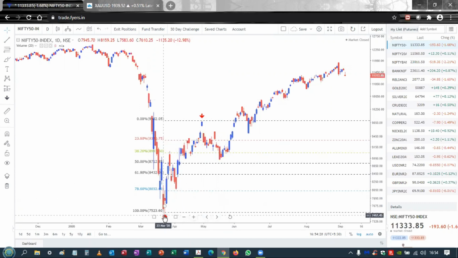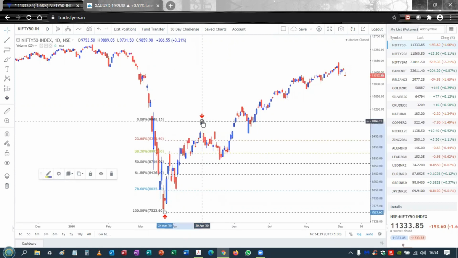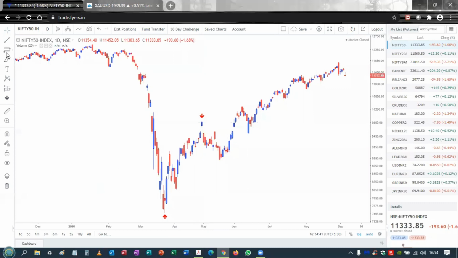You connect an important swing low with an important swing high. Now, earlier this week, Nifty made a high of something like 11,794. If you feel that it could be an important peak, and from there we may see a minor correction coming in, you would be interested in finding where the resistances lie.